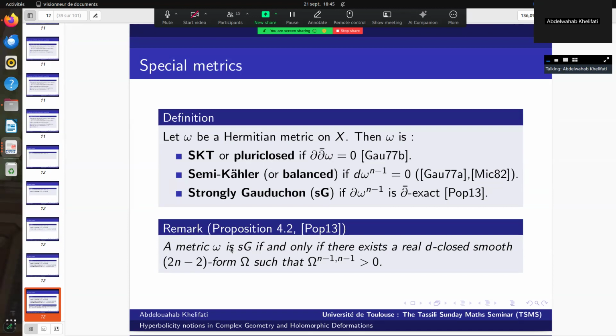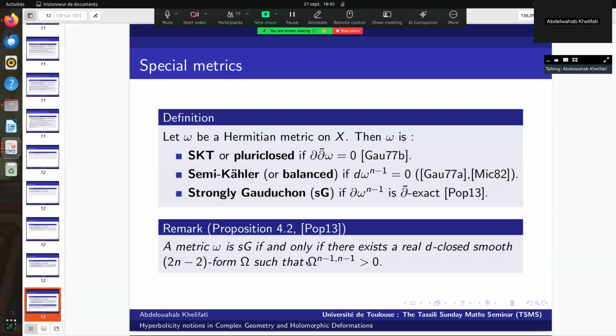So we have the following equivalence: a metric is strongly Gauduchon if and only if there exists a real d-closed smooth (2n minus 2)-form whose (n minus 1, n minus 1) component is positive.